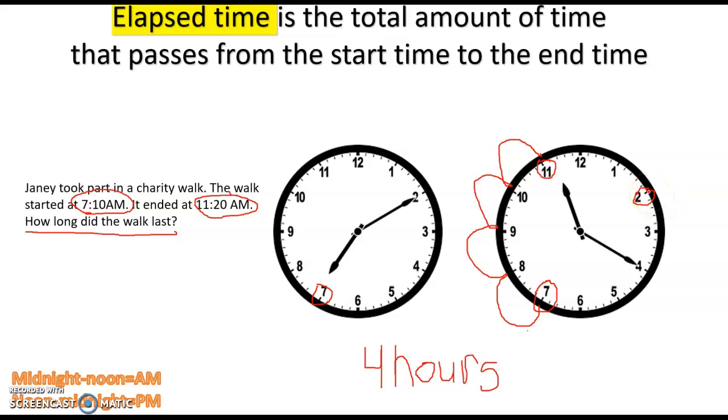So we start here at the 10, 5 minutes, 10 minutes. So 4 hours and 10 minutes is how long the walk lasted. Now it's time for you to practice.